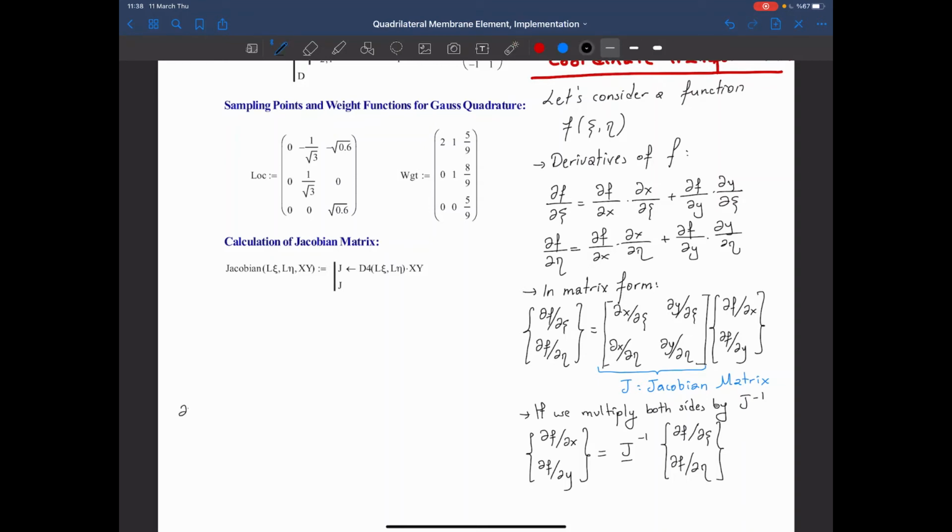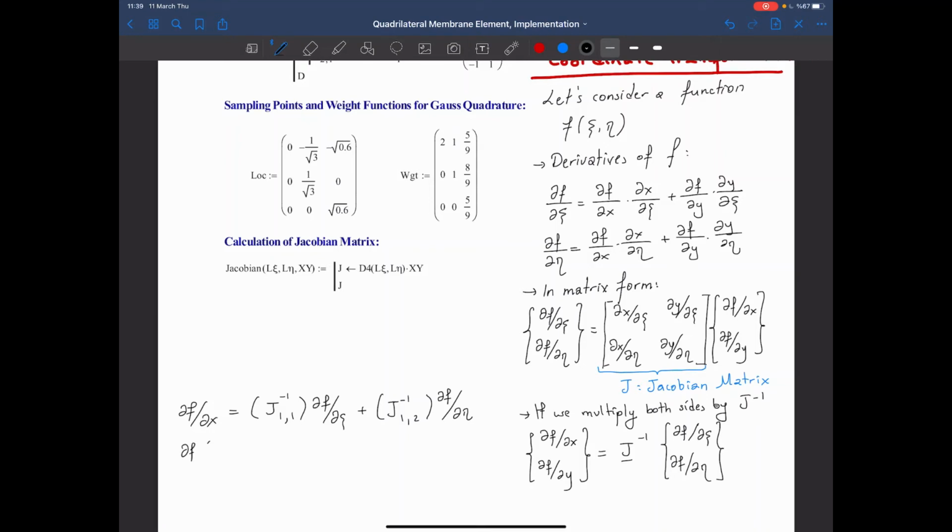So if I have a function and I'm taking the derivative with respect to x, that will be equal to the first term J inverse (1,1) multiplied by del f over del psi plus J inverse (1,2) del f over del nu.